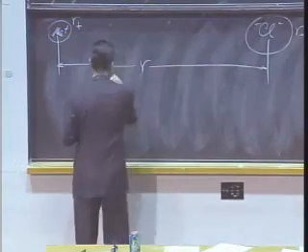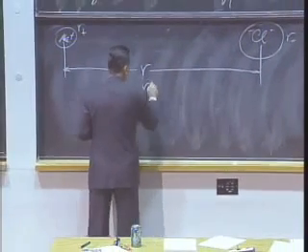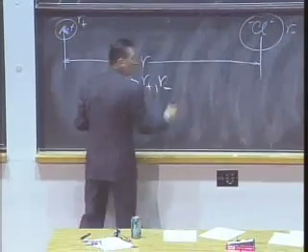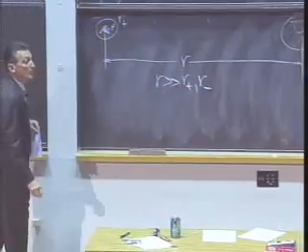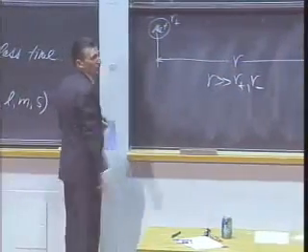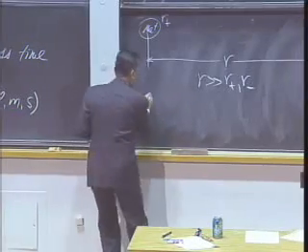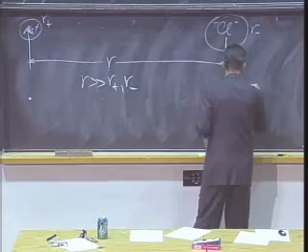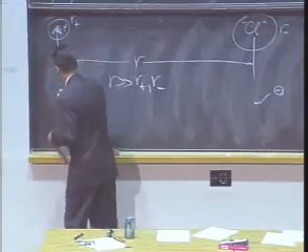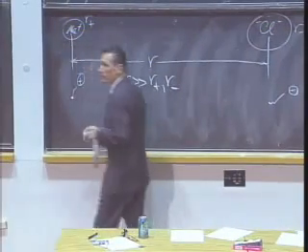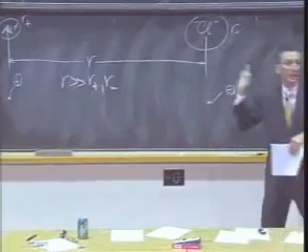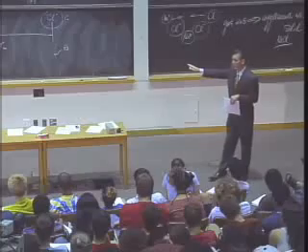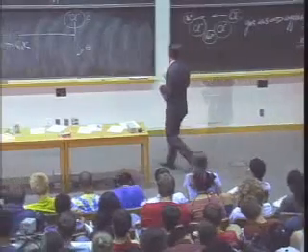When R is very large in comparison to the radii of the ions, I don't need to draw them this way. I can model this whole thing as point charges. This is a point that's negative, and this is a point that's positive. And that's all we need to do. And a lot of the derivations you'll see in physics rely on this being able to model as point charges.